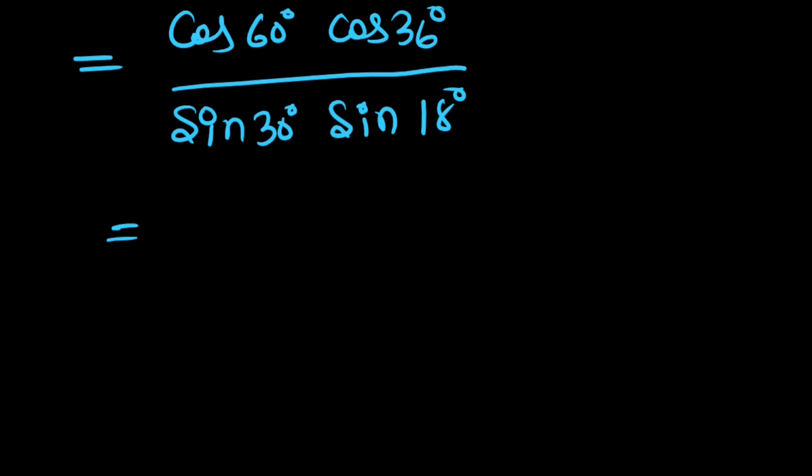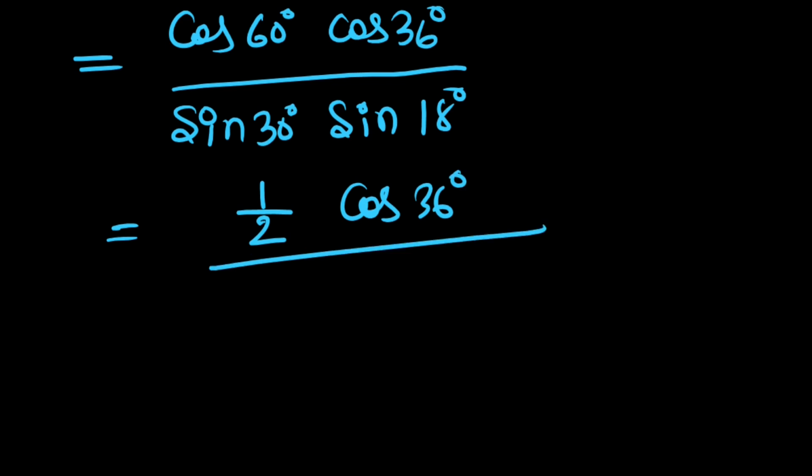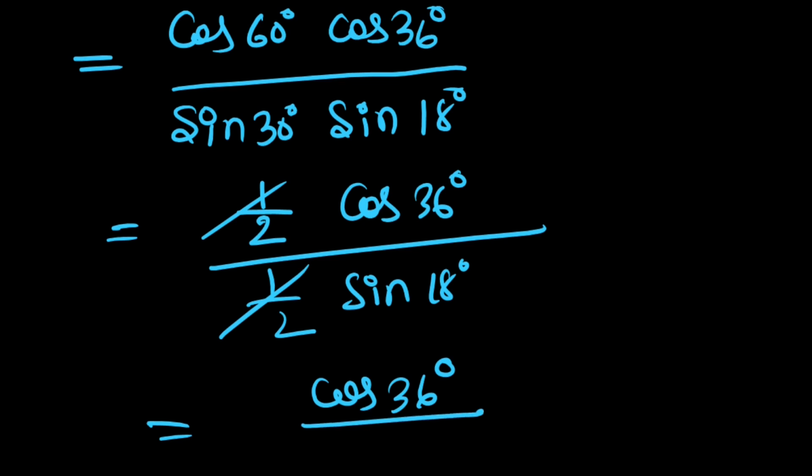So we know cos of 60 is equal to 1 over 2, and sin 30 is 1 over 2. Therefore, this half and half are cancelled, and it is actually cos 36 degree over sin 18 degree. So in this case, if we know the value of sin 18 degree, then we get this answer easily.